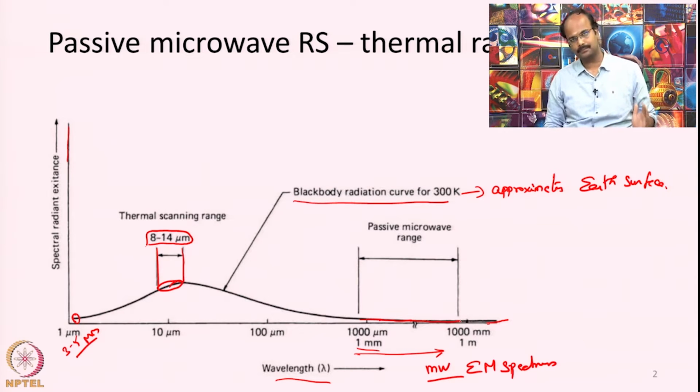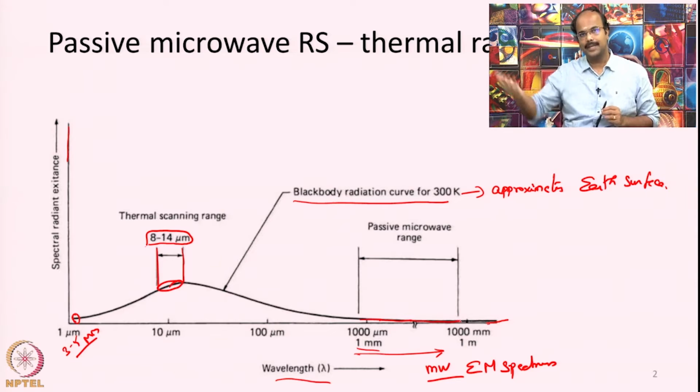But this radiation will not abruptly stop, and Earth's surface will be emitting energy even in microwave wavelengths, that is, wavelengths in the order of centimeters, maybe from 1 centimeter to 100 centimeters. If we observe this radiation from Earth's surface in these centimeter wavelengths and use it for different applications, we call that passive microwave remote sensing or passive microwave radiometry.